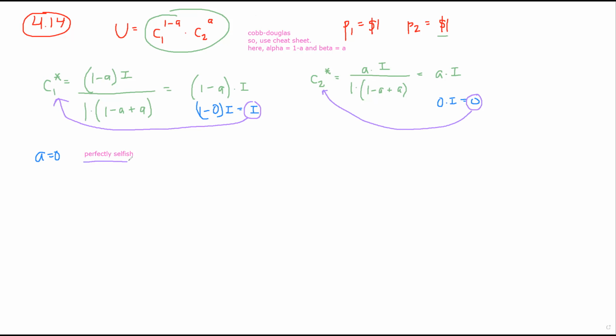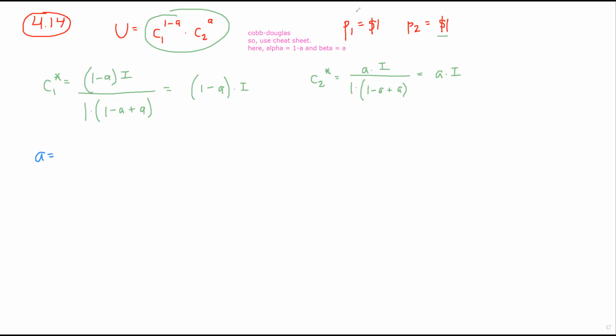That would be consistent with what we said earlier for part A of perfect selfishness. Not that we had to show that, but I just thought it's worth noting that it's consistent with what we derived before. Okay, part B. So solve, demonstrate how they change with A.